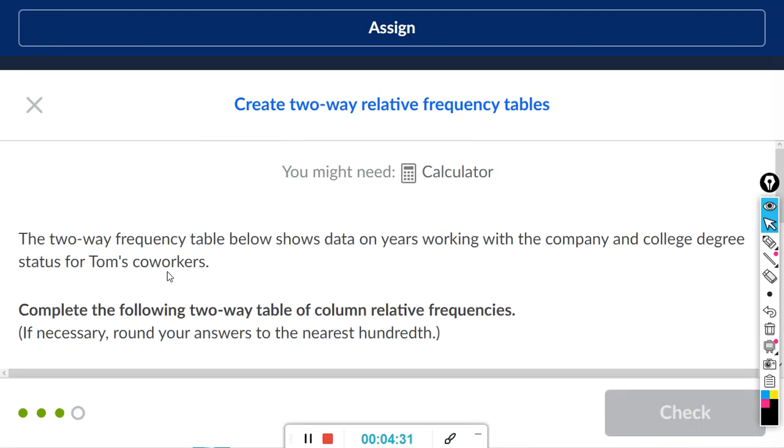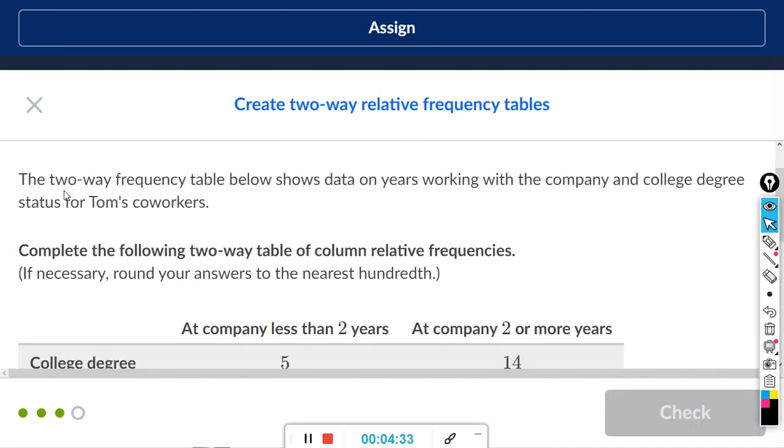All right, again, you really don't have to read these. The two-way frequency table below shows data on years working with the company and college degree status for Tom's coworkers. Complete the following two-way table of column relative frequencies, okay? So make sure you notice this statement in boldface and see if they're asking for the column or row frequencies, all right?